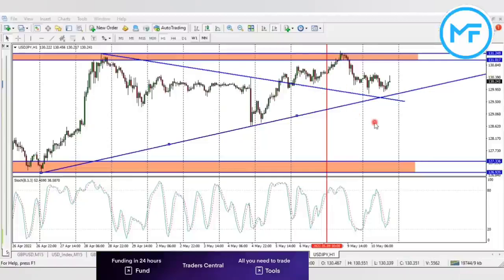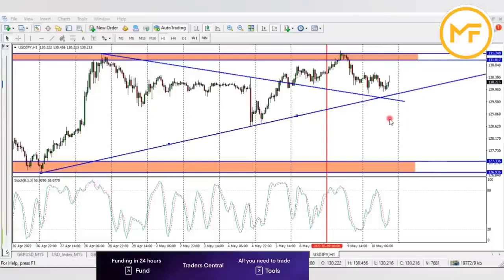You see where it is, is it closer to the supply or closer to the demand? If it's closer here, you are closer to the area to buy. If it's closer here, you are closer to the area to sell.